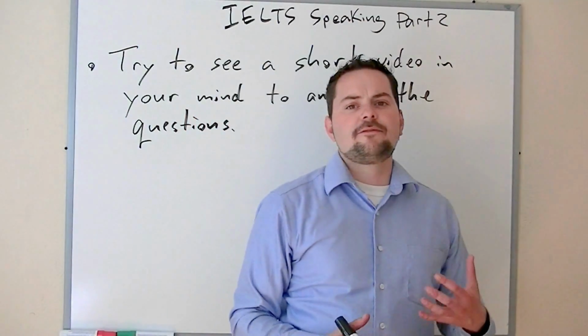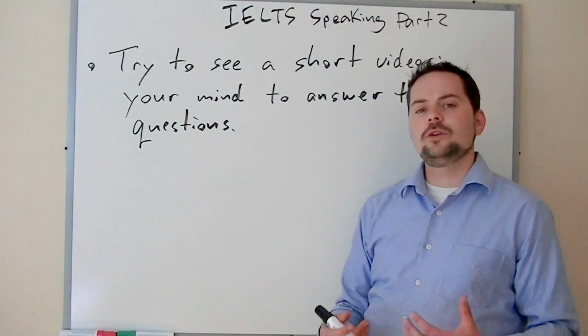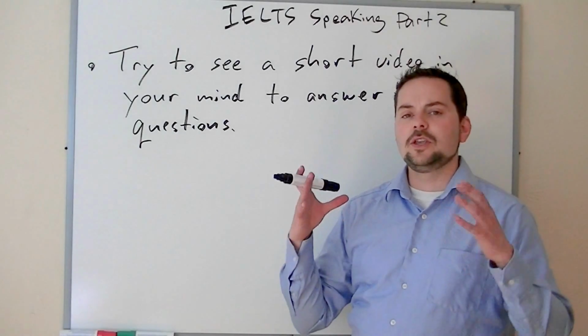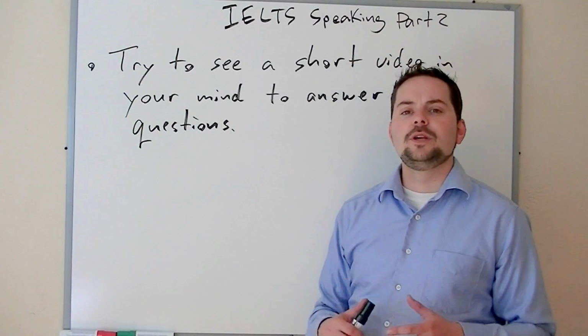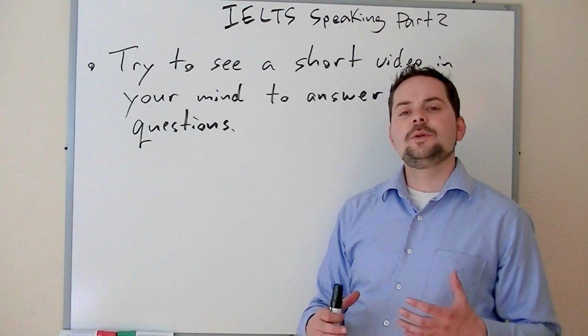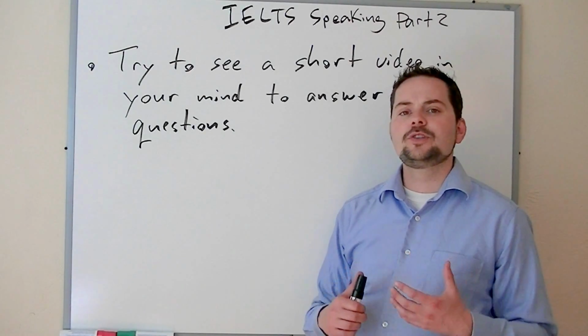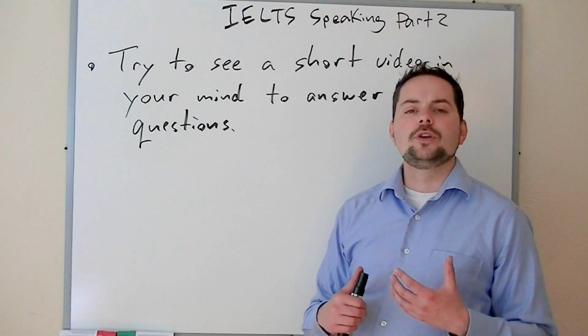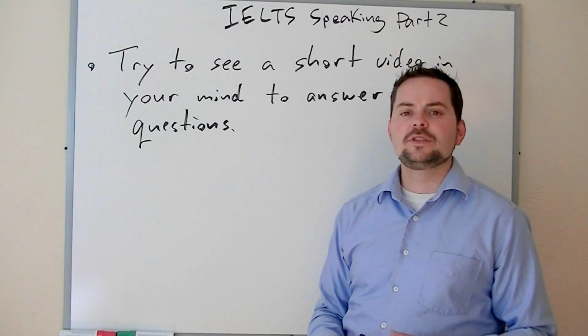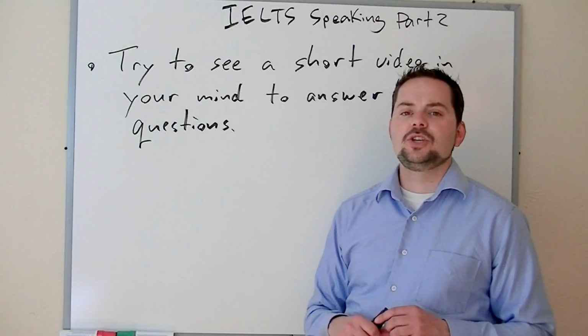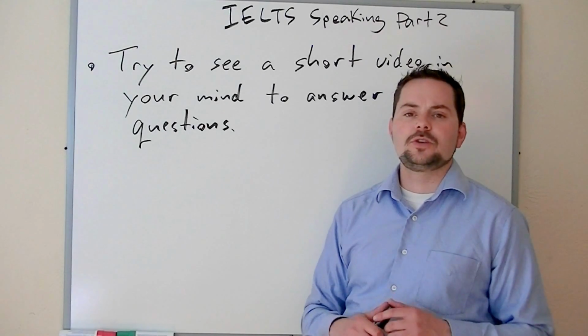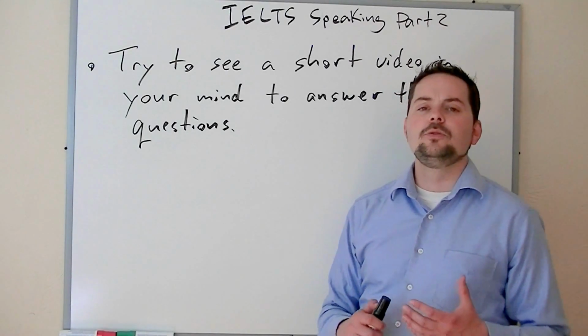It's important that for part 2, before you begin speaking, you can see in your head what you're going to talk about, just like a short 1-2 minute YouTube video. This is because you need to use a lot of words to describe deeply what you're talking about. So adjectives, adjective clauses, and so on. And if you see the information inside of your head before you start speaking, that's going to help you a lot.